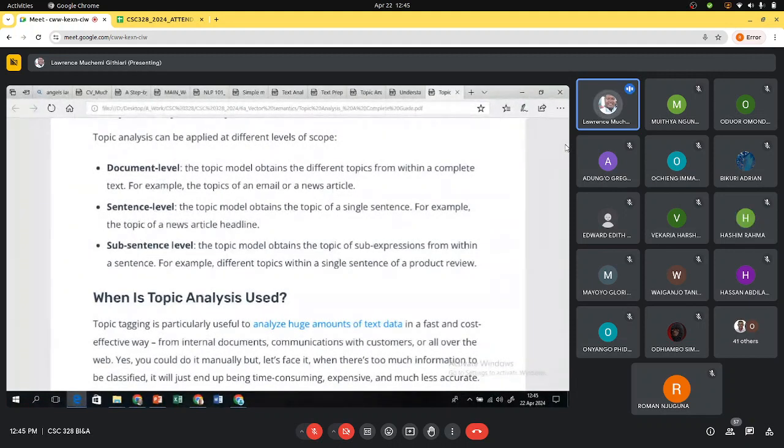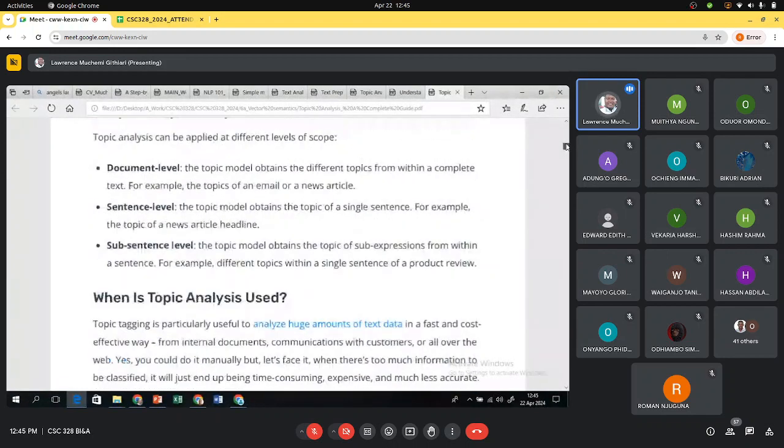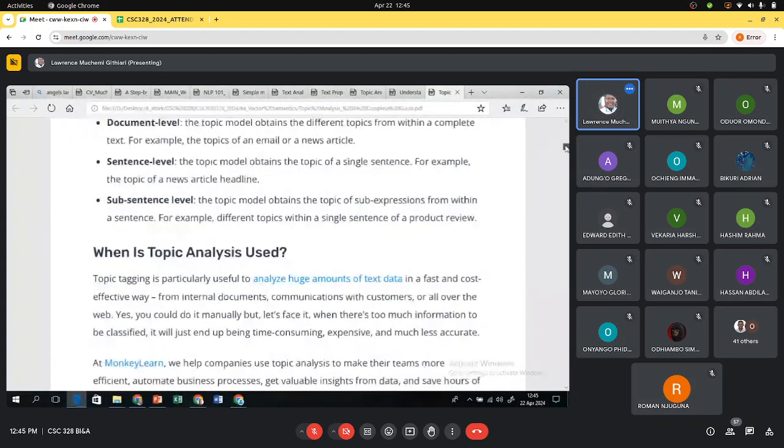So this is phrase-level topic analysis. At the document level, we want to understand the document; at the sentence level, the sentence; and at the sub-sentence level, the various phrases.